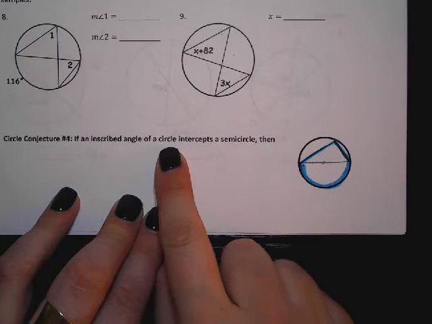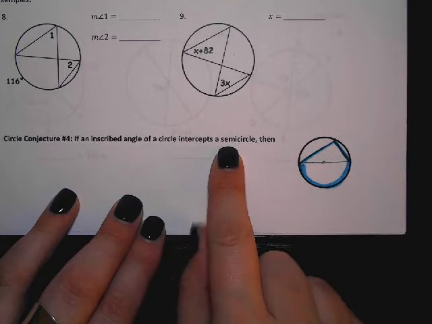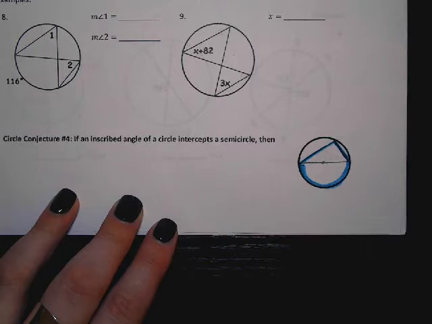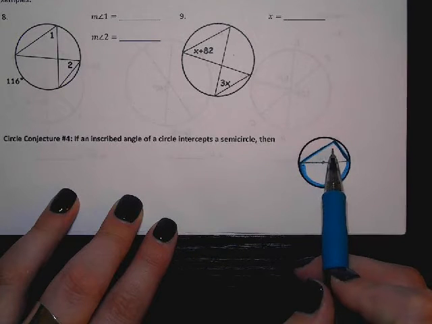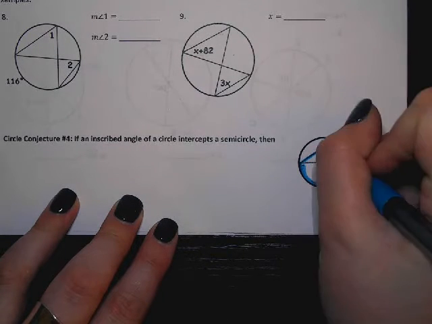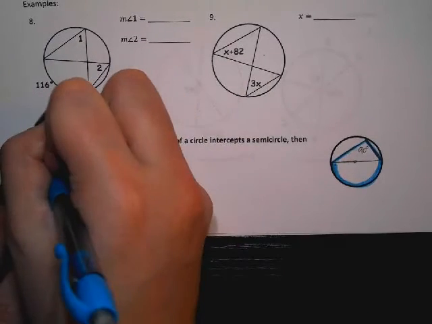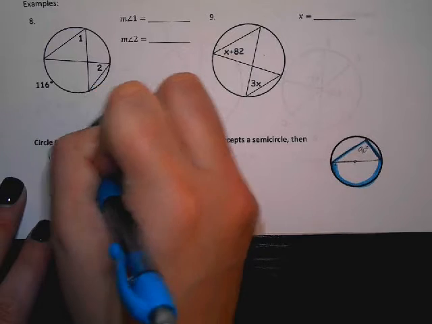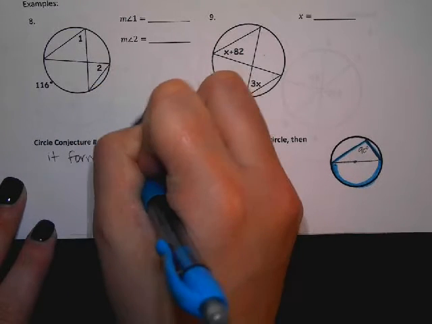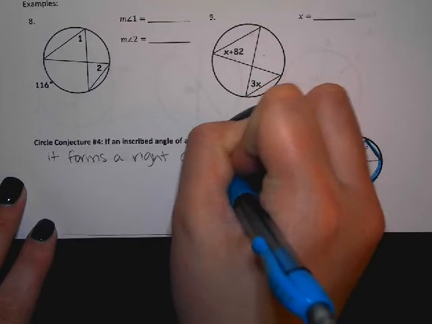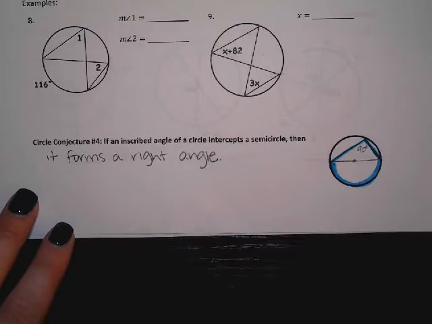So if an inscribed angle intercepts a semicircle, then what is the measure of the angle? 90 degrees. Then it forms a right angle.